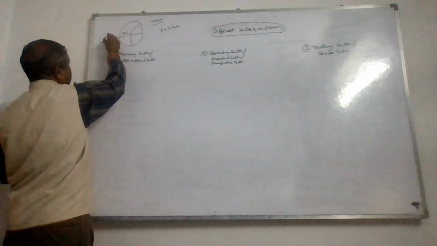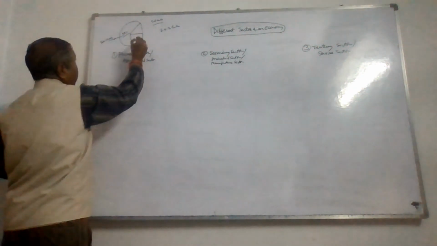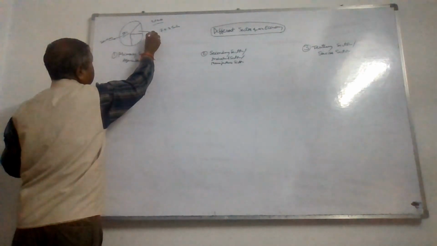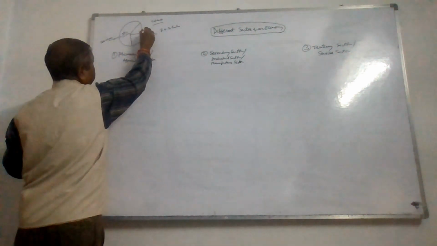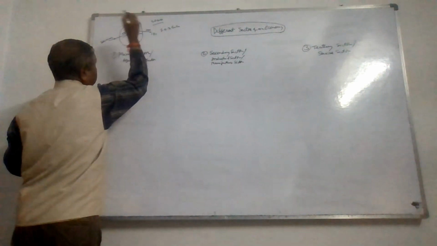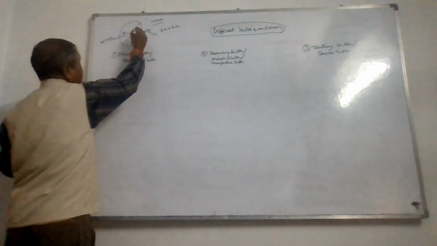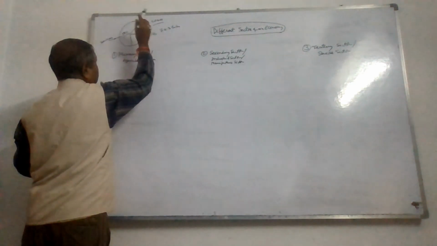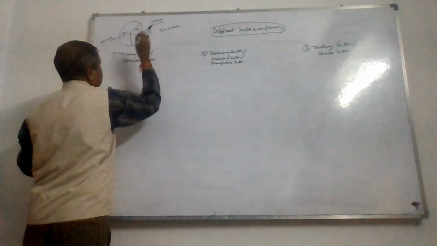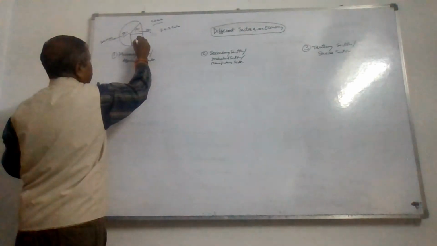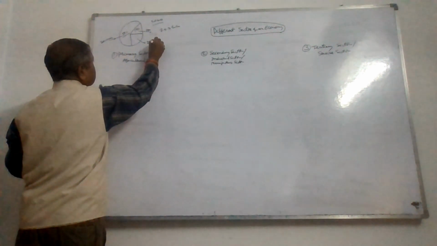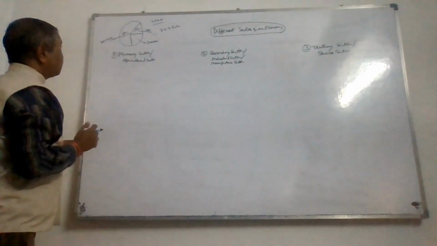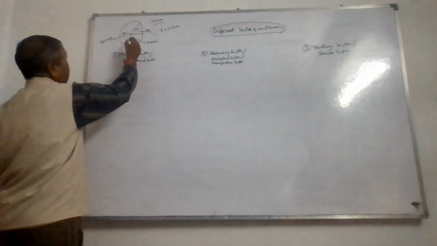Services was almost 50%. Agricultural sector contribution was almost 17%. The remaining industrial sector comes to 33%.